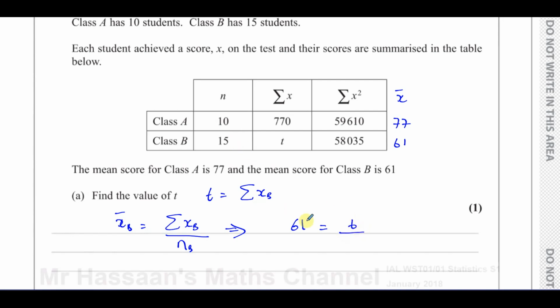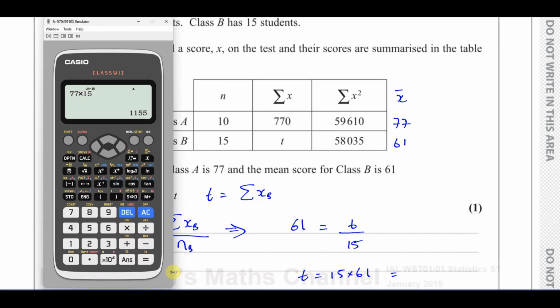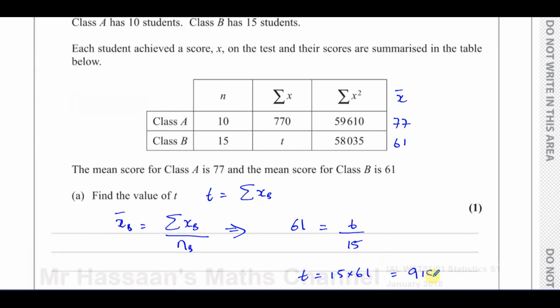And we know the number of students is 15. So from this, we can say that T is equal to 15 multiplied by 61, which gives us 915.